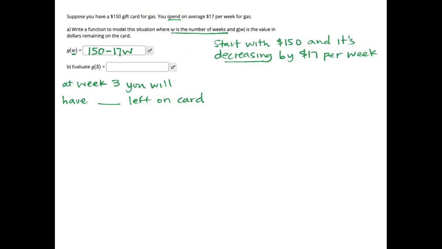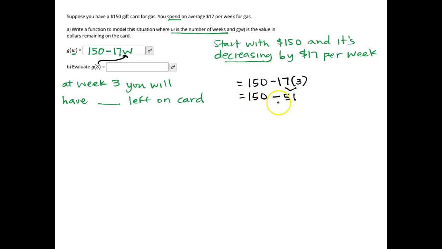Okay, so let's figure that out over here. I'm just putting 3 in place of W in my equation that I found there. So I'll have 150 minus 17 times 3, putting that 3 in place of the W. So 150, and then 17 times 3 is 51.